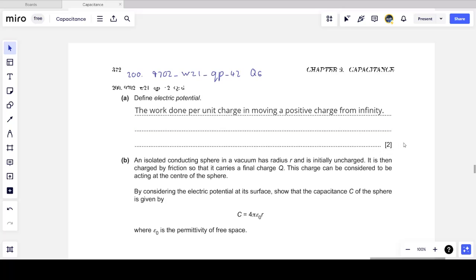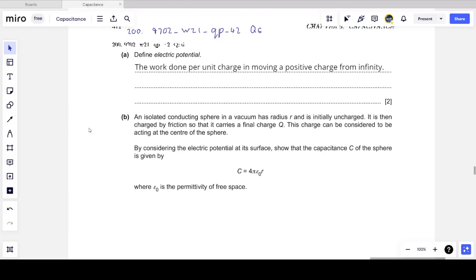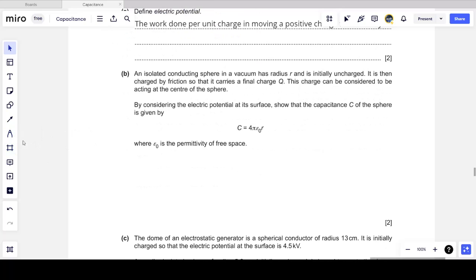It's the work done per unit charge to move a positive charge from infinity to wherever. As I move the charge to different points, the electric potential will be different because I require more work to do that.